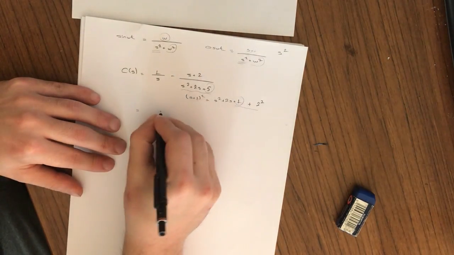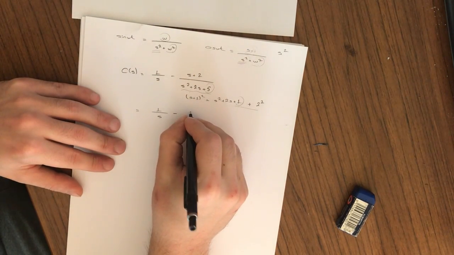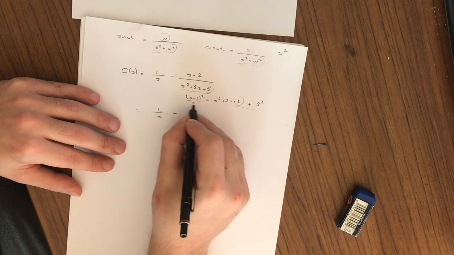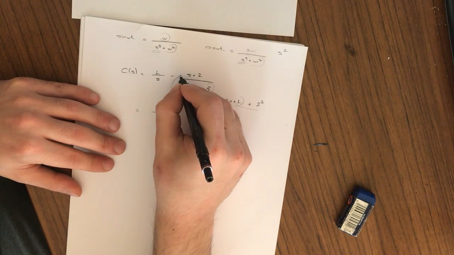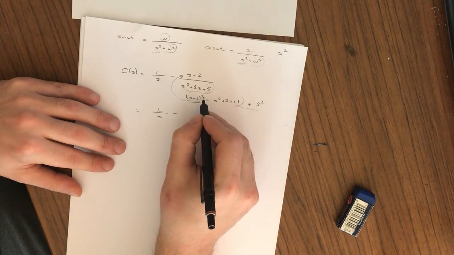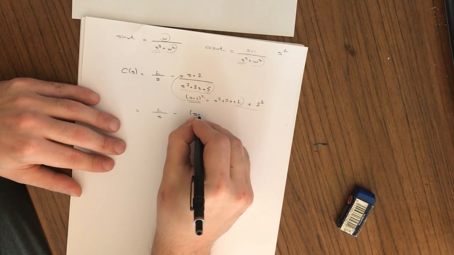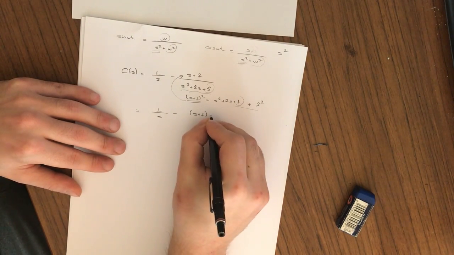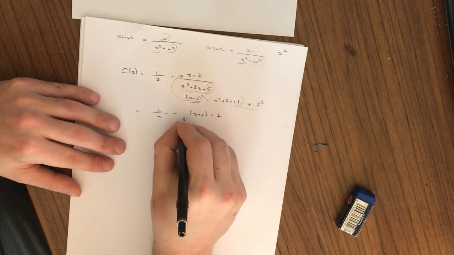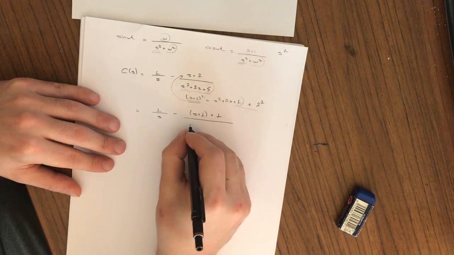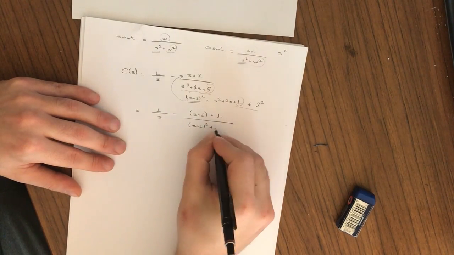So our equation now looks like this. 1 over s minus, since I wrote this term as (s plus 1) squared, I'm going to write down the same term on the numerator without its square. So since we have (s plus 1) squared here, I'm writing down s plus 1. So we need to have an additional plus 1 because we got plus 2 here. Divided by (s plus 1) squared plus the square of 2.